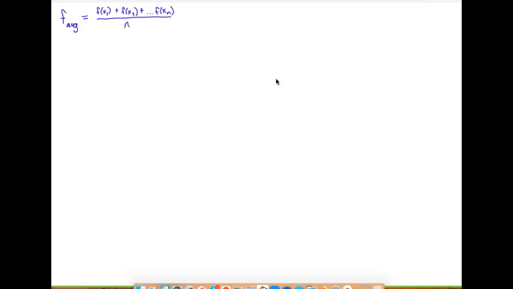All right, so let's look at this in terms of an arbitrary function between a and b. Here's a, here's b. And let's say I subdivide said function into n subintervals.